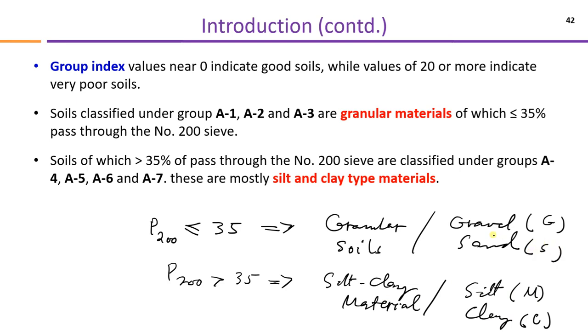If you remember, in the Unified Soil Classification System the division was at 50%, but here in AASHTO it is a little bit different. So let's look at the similarities and differences between these two methods.